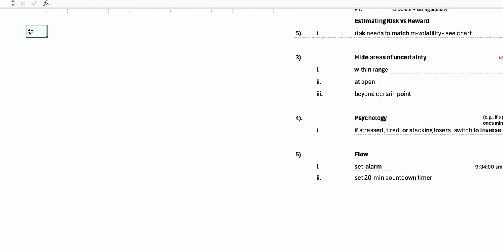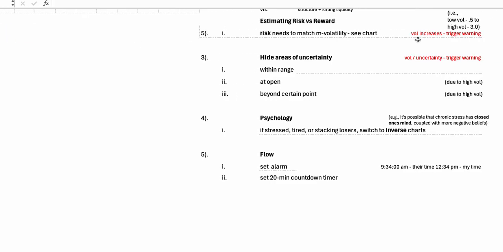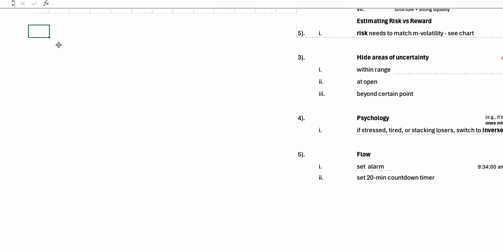Okay, we've got a few extra ones. See chart. So basically, that's from point 5 to point 3, and I've decided we're going with point 1 based on the volatility within a range at open beyond a certain point. No, at open we've done that one.